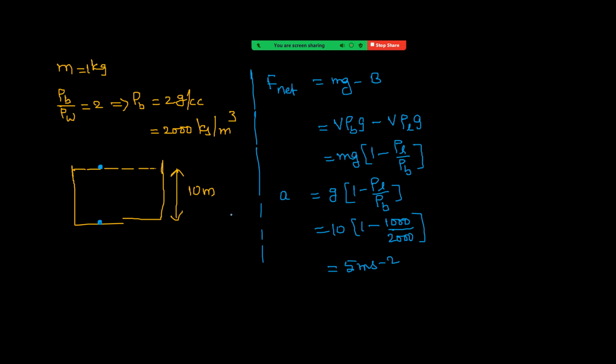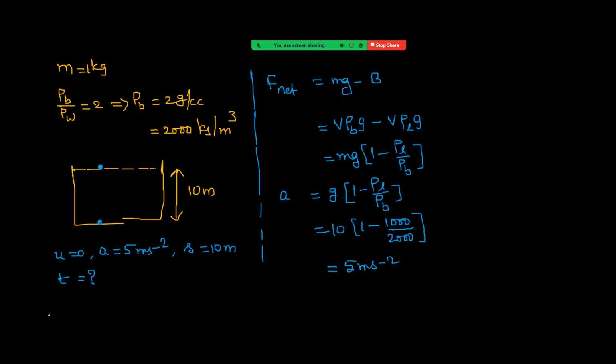Now it has to cover displacement 10, starting from rest. So I'm writing here u is 0, acceleration known 5 meter per second square, displacement, that is 10 meter. So time taken how much? That is now a very simple question, right? So I can use here the equation S equal to ut plus half a t square, u is 0.